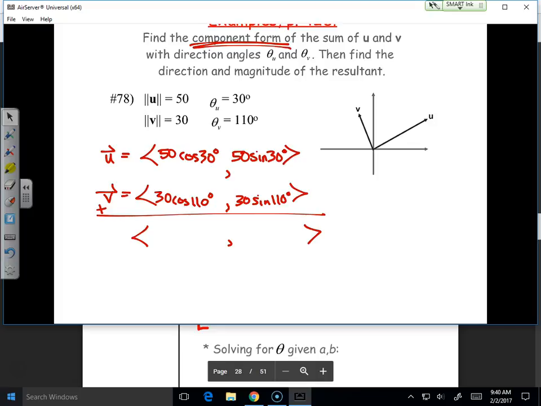And then to add, well, we just throw them in our calculators. Can't we do that, guys? So we can go ahead and do 50 cosine of 30 plus, make sure you end your cosine or else things will get funny, 30 cosine of 110. Did anybody else get negative 5.930? No. Got 33. What did I do?